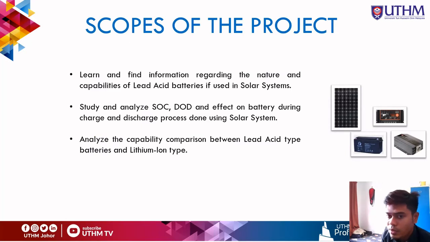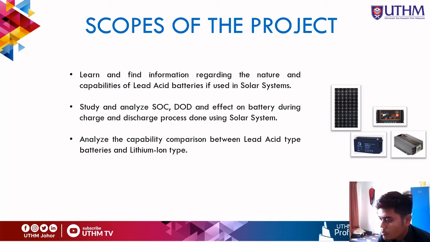So the next part is the scopes of the project. This research is focused on the lead acid batteries performance for solar system. Therefore, this system will cover the scope as follows. The first scope is to learn and find information regarding the nature and capabilities of lead acid batteries if used in solar system.